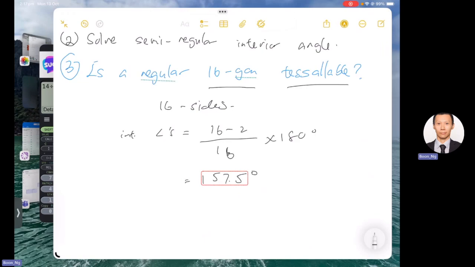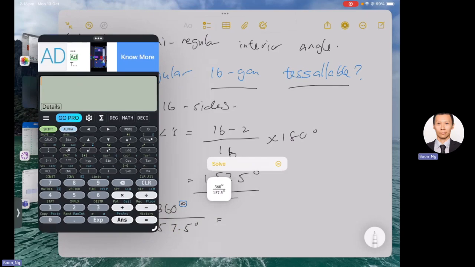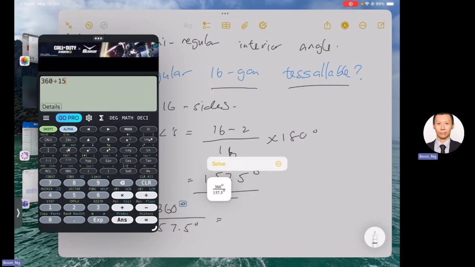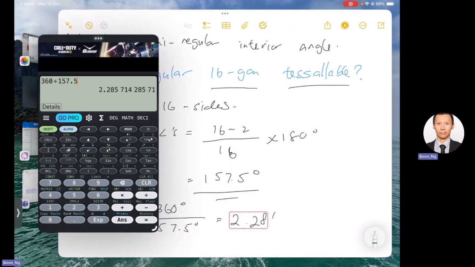The next thing we need to do is determine if 360 divided by 157.5 is an integer. It is 2.286.